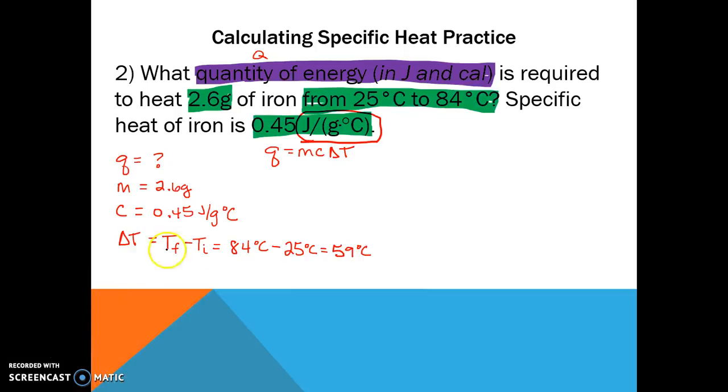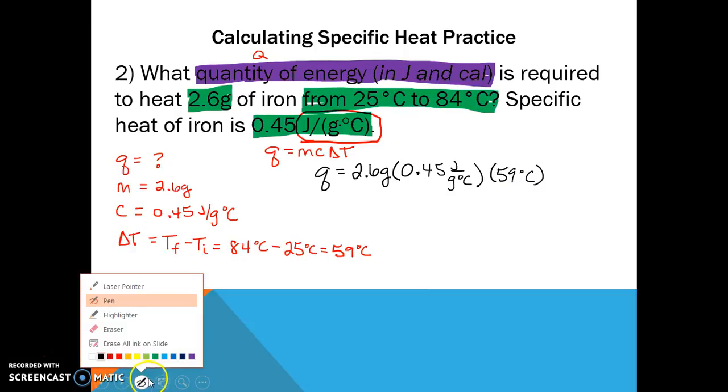So then I'm just going to plug these into my equation. This one's pretty easy because it's just giving me the unknown of Q. So Q equals my m, which is 2.6 grams, times c, which is 0.45 joules per gram degrees Celsius, times delta T, which is 59 degrees Celsius.